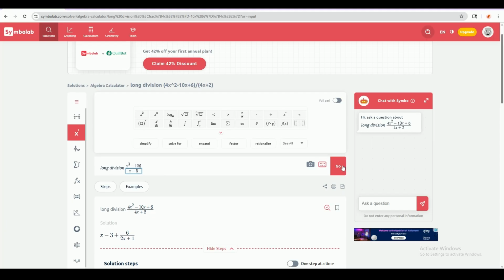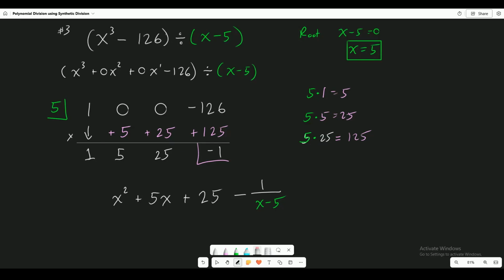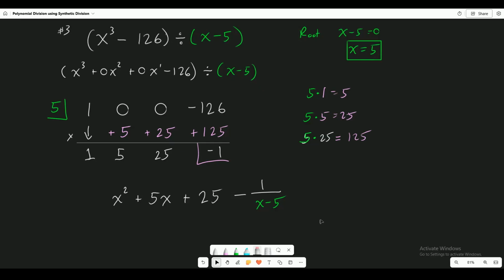You see what we get? Hey, look at that. X squared plus 5x plus 25 minus 1 over x minus 5. Let's compare it to what we have. Booyah! We are correct. Look at that. Awesome possum. Let's move on to our next one.